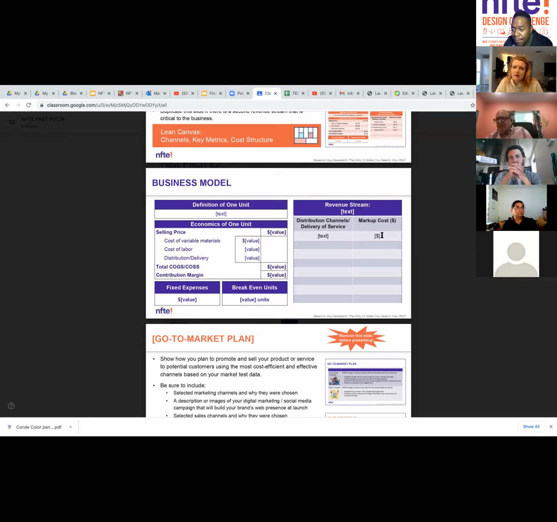per it. So if I do hats instead of t-shirts, that's another product. So hats, and then the markup cost on the hats would be this. Okay, and then you just do the same thing. But usually most of my kids don't have additional revenue streams. They try to focus on one to get things up and running.